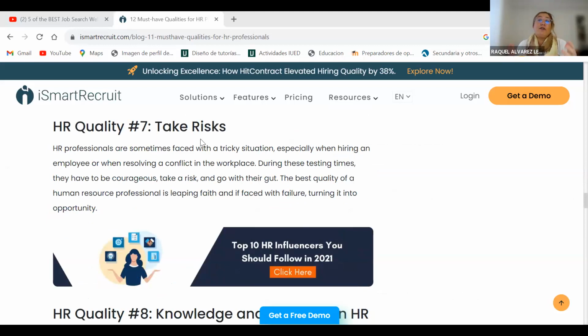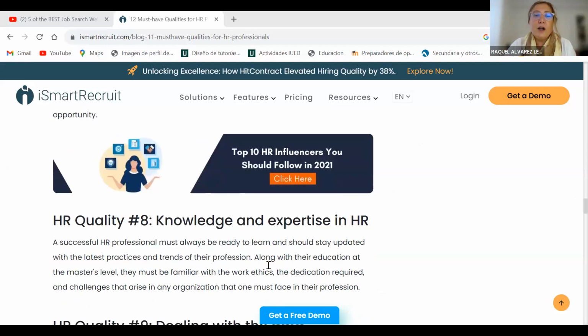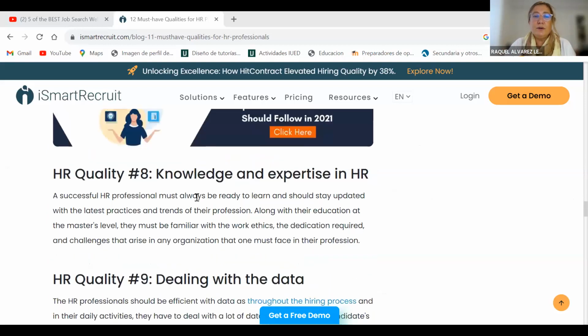And when you have a company, and if the company is yours, you have to take risks, okay? Because it's part of your job. Also, you have to know a lot to be an expert in everything related with the work ethics, with the dedication, and with the different professions you have to deal with.